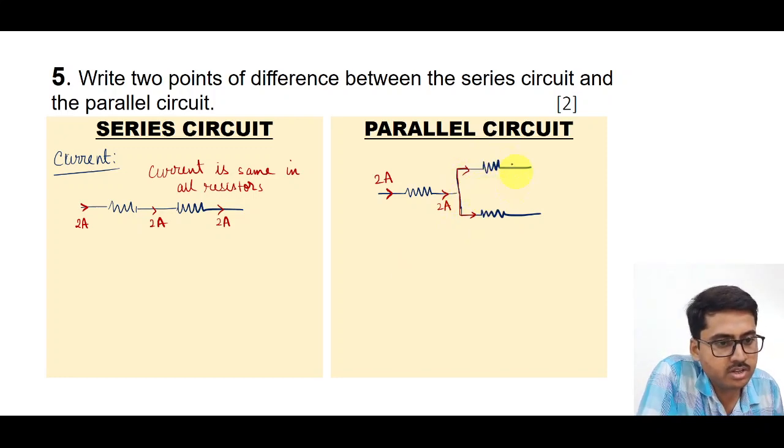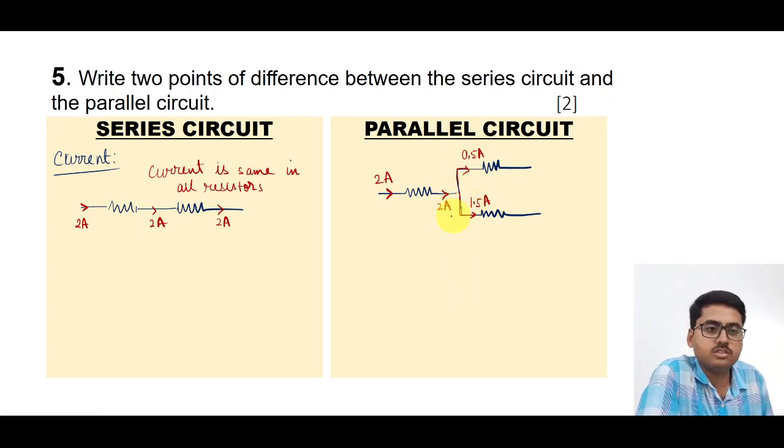So depending on the value of resistance, the current gets divided. So let's say the current that is passing over here is 0.5 and the rest of the current goes over here. So in parallel circuits, you'll find that the current gets divided.